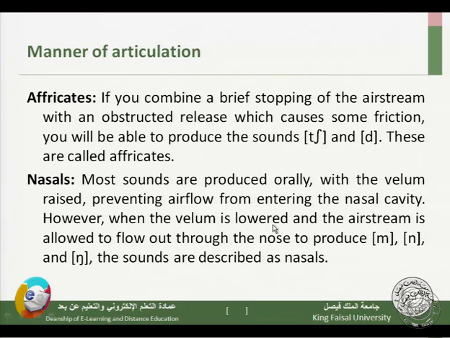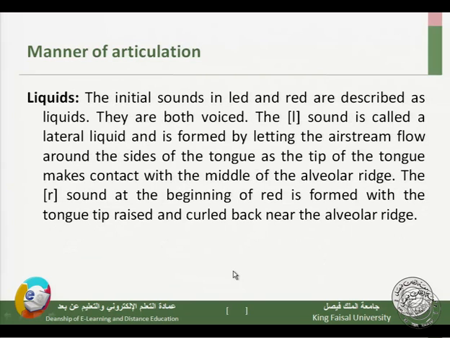However, when the velum is lowered and the airstream is allowed to flow out through the nose to produce m, n, and ng, the sounds are described as nasals. The liquids. The initial sounds in lead and red are described as liquids. They are both voiced.